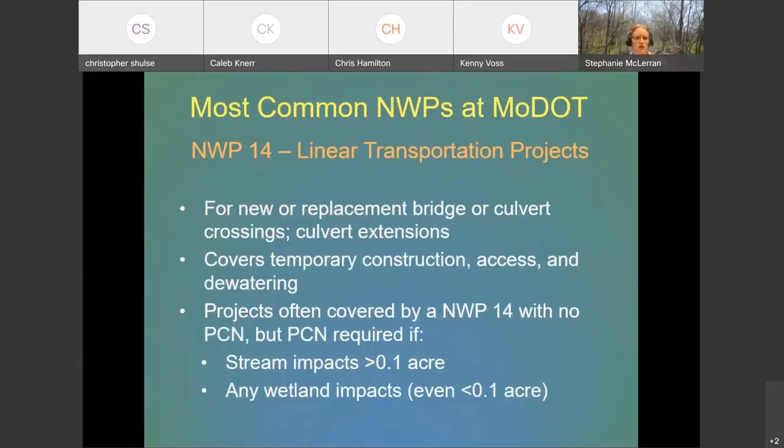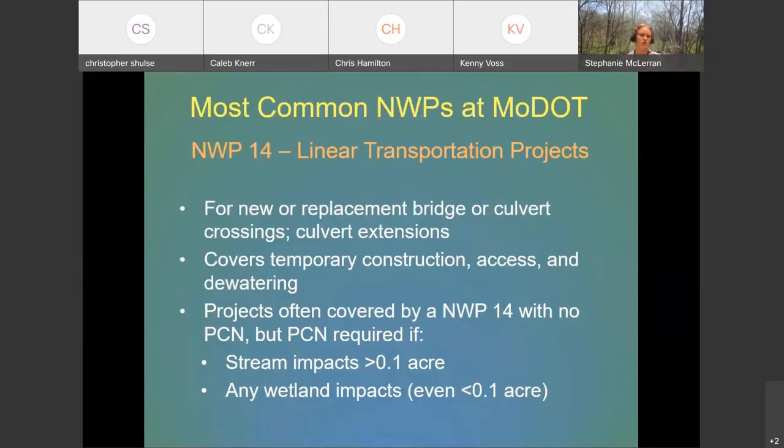Nationwide permit 14 is for linear transportation projects. We use that one when there are new or replacement bridges or culverts, or when there are culvert extensions. Depending on the regulator, it might cover bank stabilization along a roadway. The permit includes temporary construction access and dewatering that's necessary to complete the project.